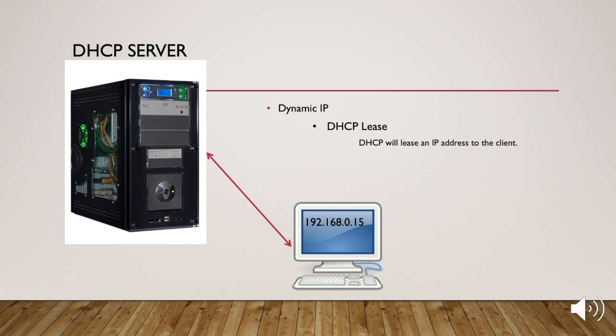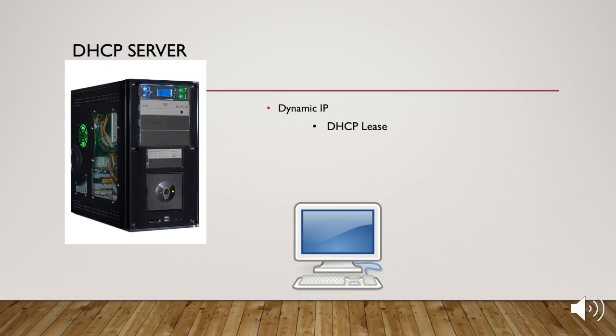The client will send a request to the DHCP asking for a renewal of its lease, basically saying, hey, I'm still using this IP and would like to continue to use it. The DHCP will renew the lease for the allotted time. If the client does not ask for a renewal, the lease will expire, and the IP address will return to the pool of available IP addresses.